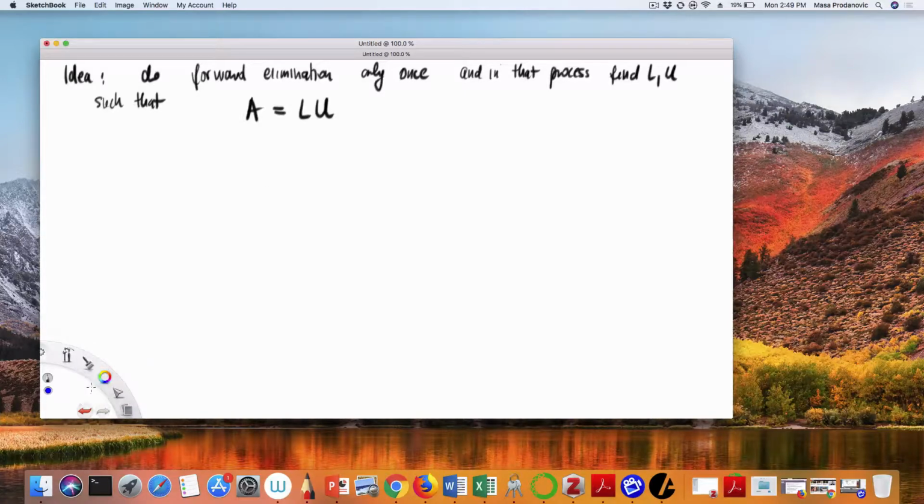U is an upper triangular matrix, and L is a very specific lower triangular matrix.